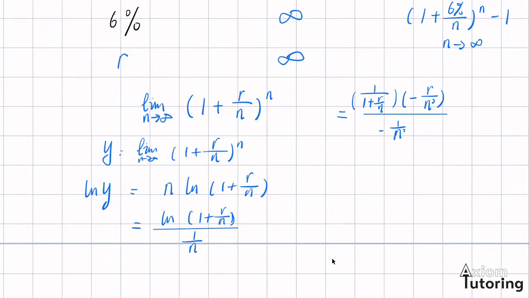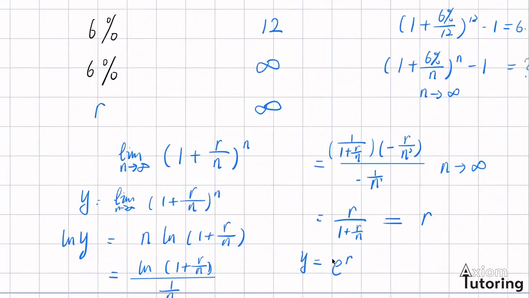As n approaches infinity, we can first cancel out the minus 1 over n squared terms. So we're left with r over 1 plus r over n. If n is sufficiently large, or approaches infinity, then we're simply getting r. So the logarithm of y is going to be r, which means y, our original expression, is going to be e to the power of r.